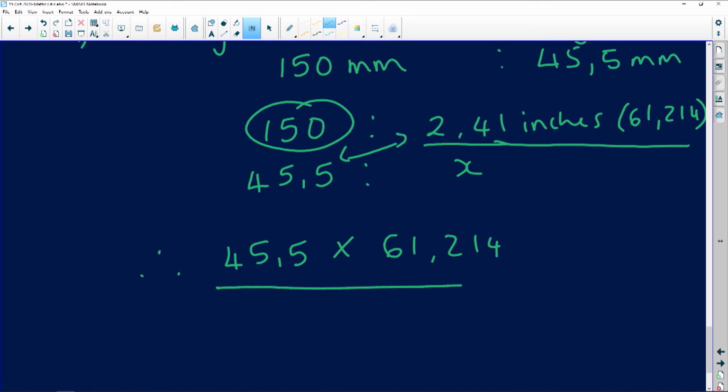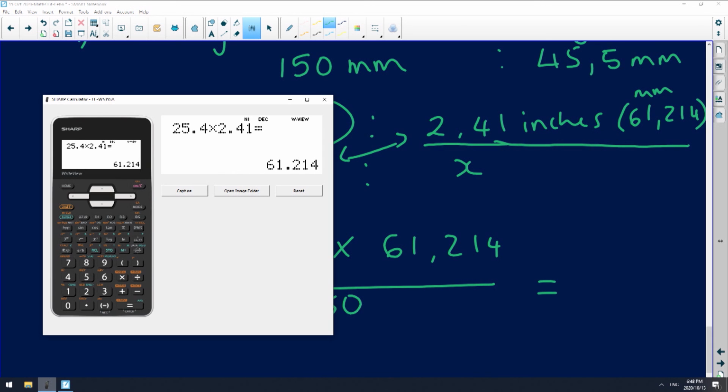I made sure that I'm using the millimeter ones because this is the millimeter. It's us converting those inches into millimeters. Let's go down. We divide it with the 150 and let's see what it's going to give us. 45.5. I'm going to multiply it with that number already. Divided by 150.